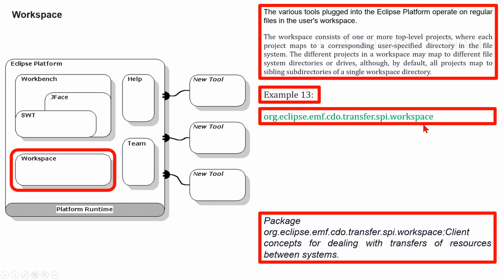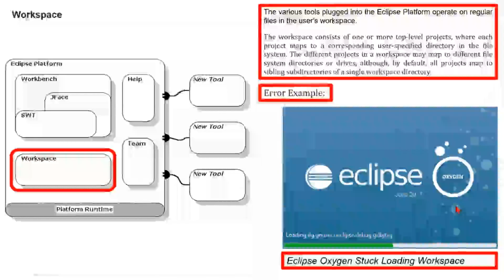The package org.eclipse.emf.cdo.transfer.spi.workspace is a client concept for dealing with transfers of resources between systems. For example, we can consider this situation in Eclipse Oxygen: Eclipse Oxygen stuck loading workspace.